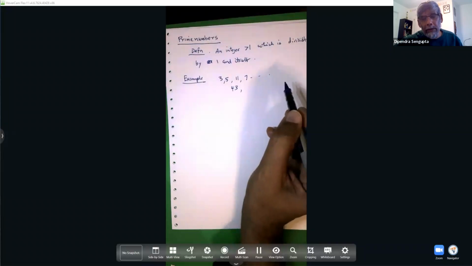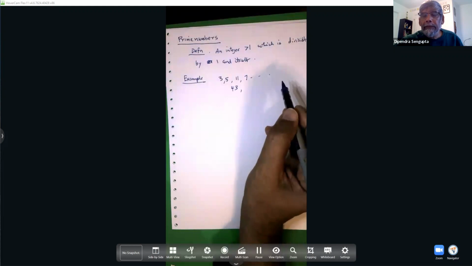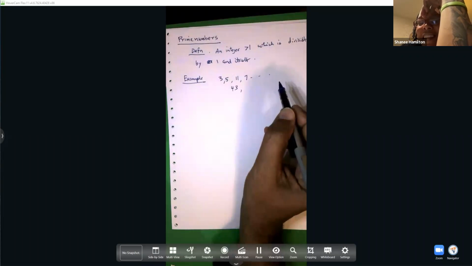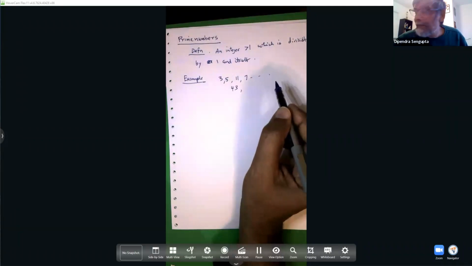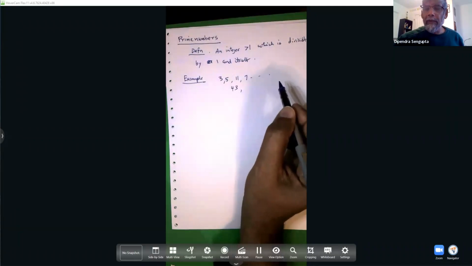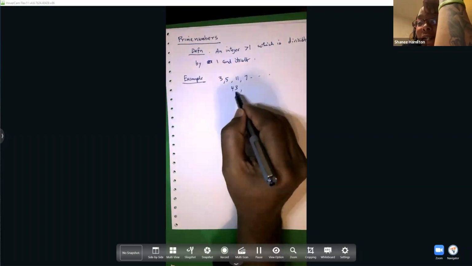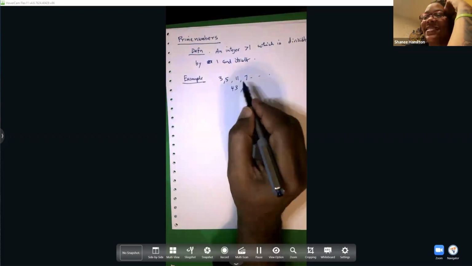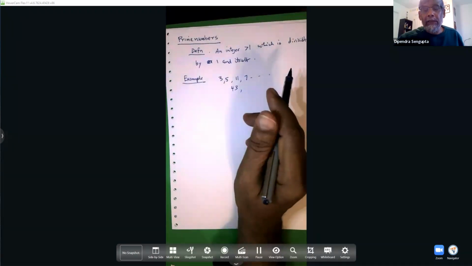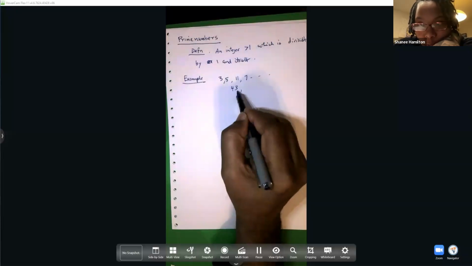How do you know this 43 is a prime number? Because the definition is divisible by either one or only by a number itself, right? So is it divisible by 2?